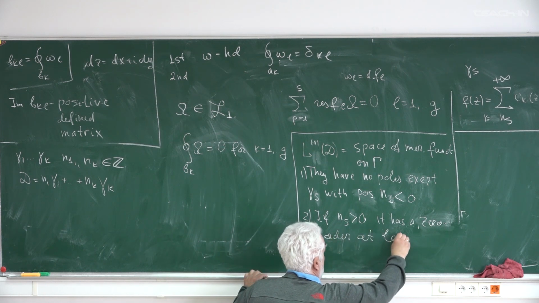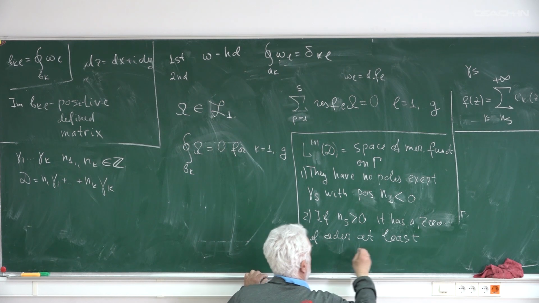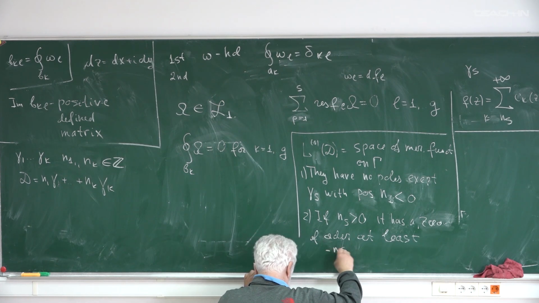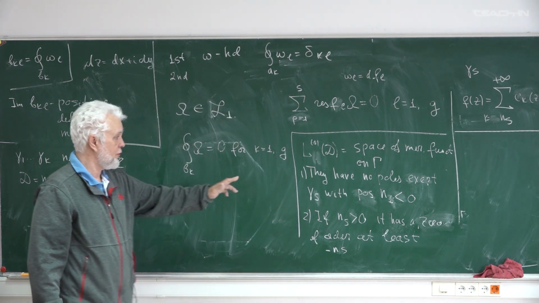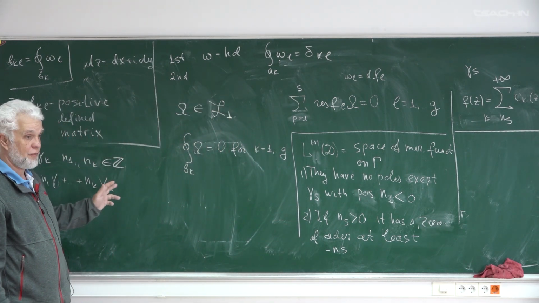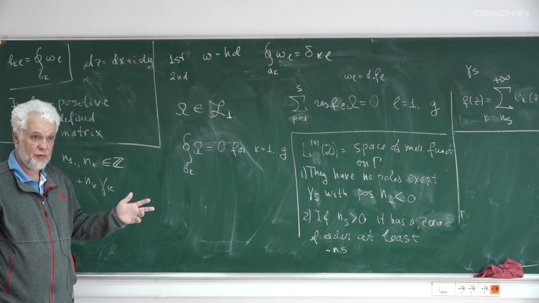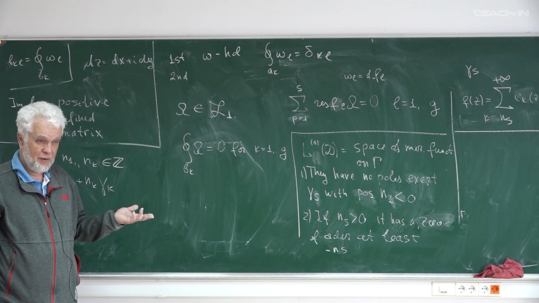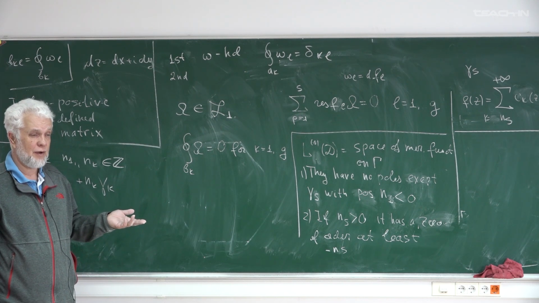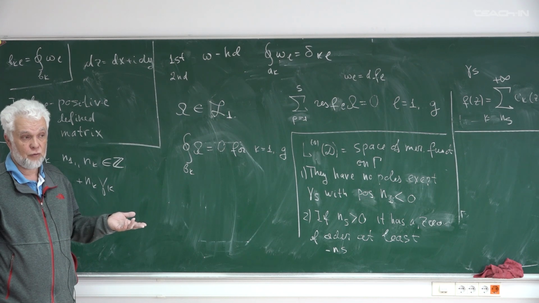At least order ns. So here we assume if ns is negative, we permit poles. If ns is positive, we require that we have a zero. But of course, if we require a zero of the second order, it may be a zero of fifth order.